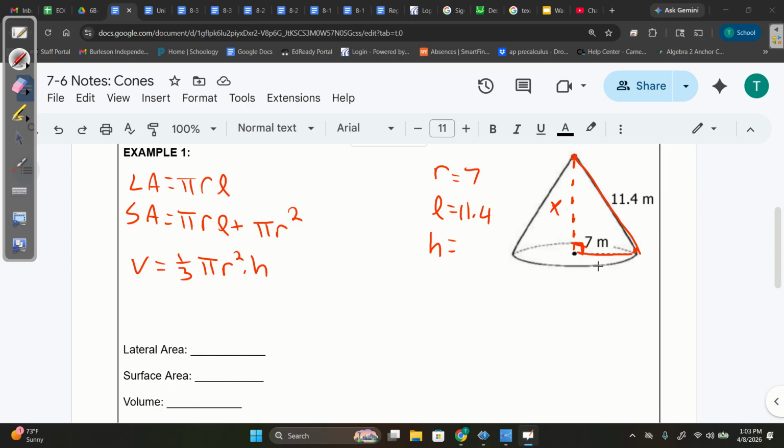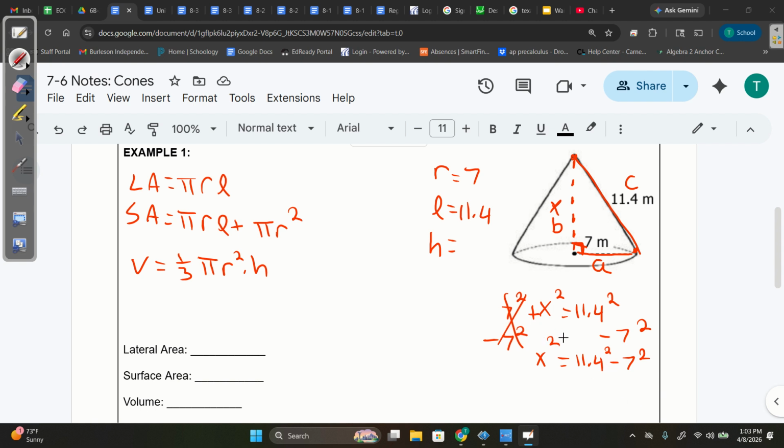In this case, I'm going to call this side A, this side B, and this side C. So, A squared plus B squared equals C squared. To move the 7 squared over to the other side, I need to subtract 7 squared. I've got one more step.